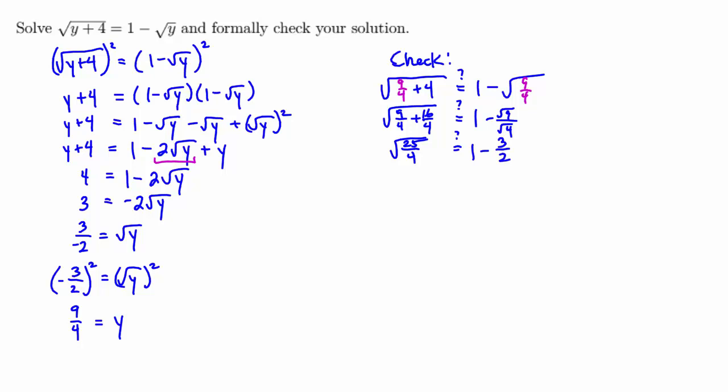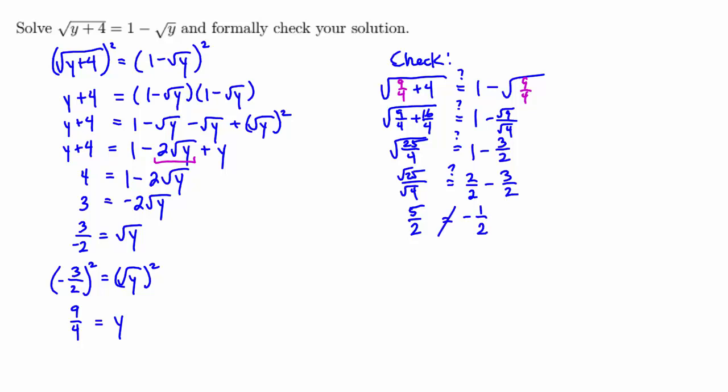The square root of 25/4 is what I have on the left. I'll make that into the square root of 25 over the square root of 4. Checking, does that equal 1 minus 3/2? I'll rewrite this one as 2/2 minus 3/2. And as our last step, this left side is going to simplify to 5/2, and that right side is going to simplify to -1/2.